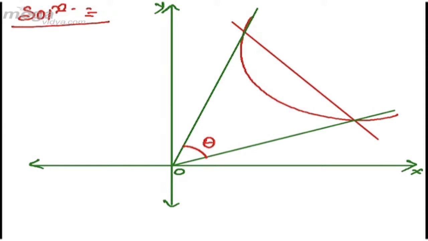So with the help of this line, if you make this curve homogeneous, then that homogeneous equation will represent the pair of straight lines.